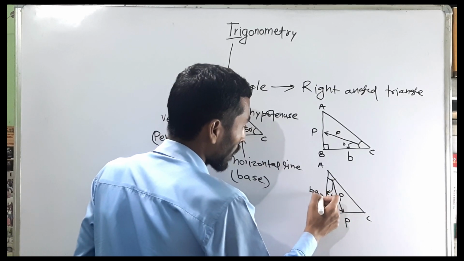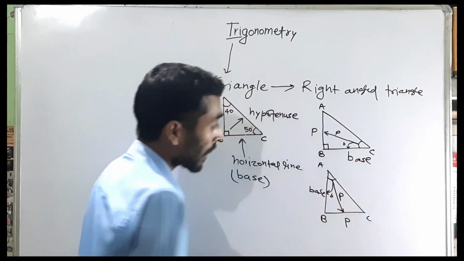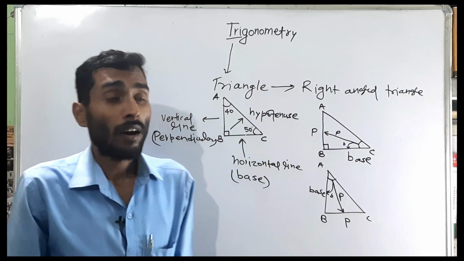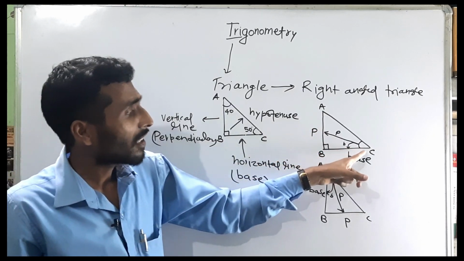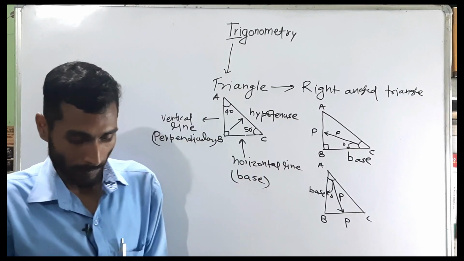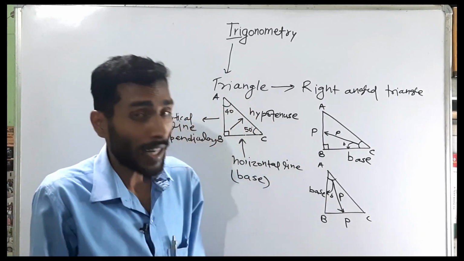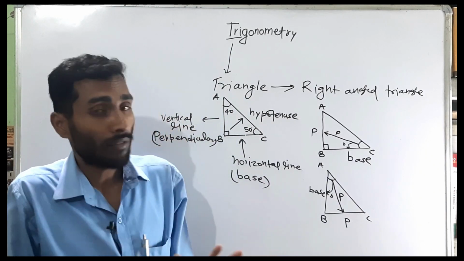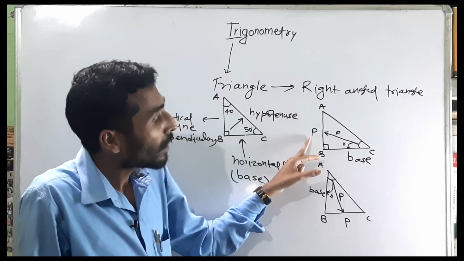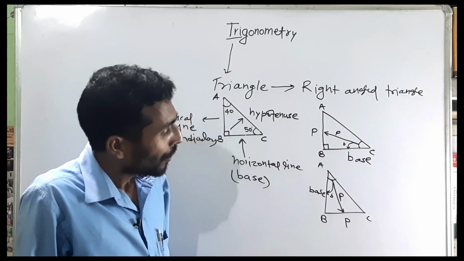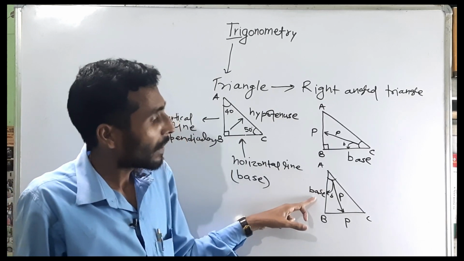So when we are talking with respect to angle C, AB will be perpendicular, and when we are talking with respect to A, AB will be base.